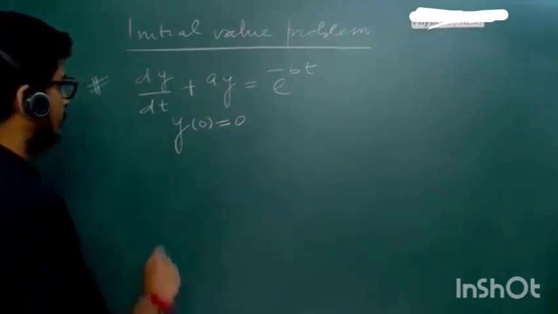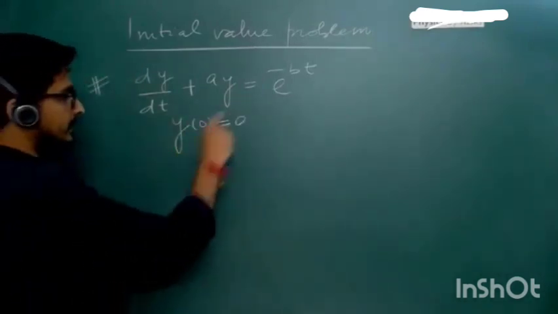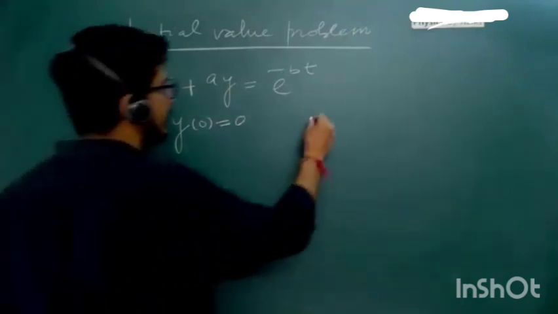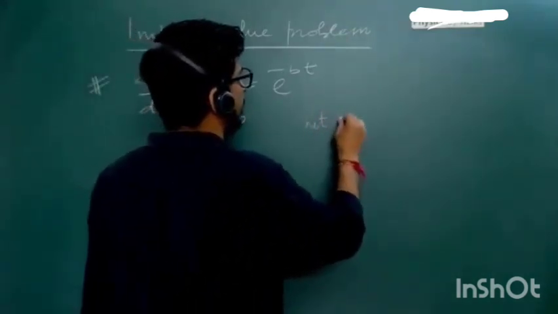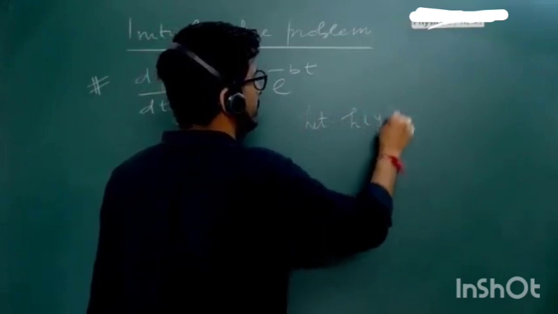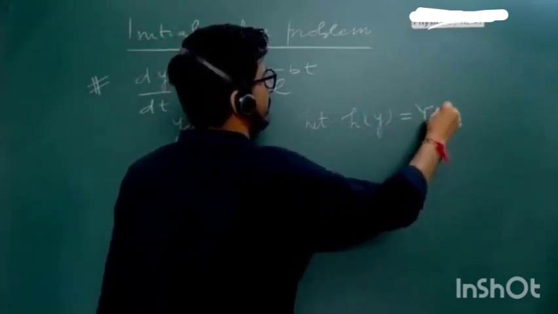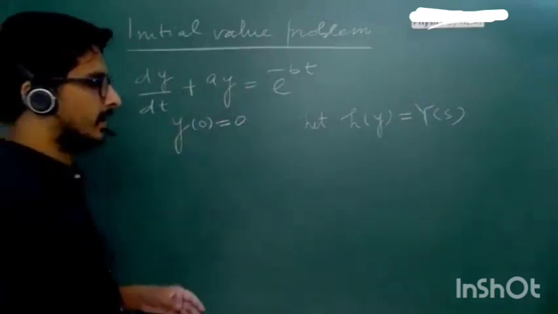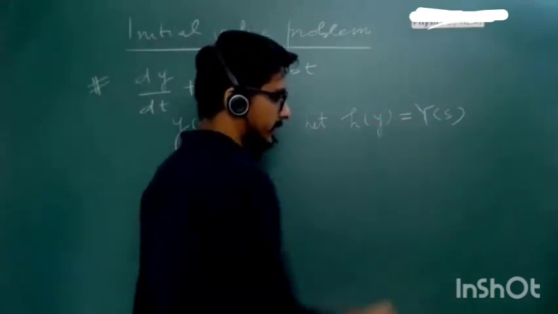So what I will do, first step, take Laplace on both sides. Let us take Laplace of y as capital Y, just to make it easy. Or you can also take y tilde, whatever symbol you like.